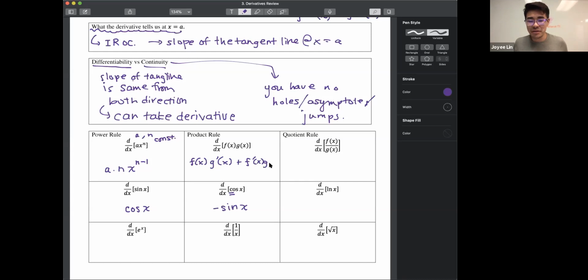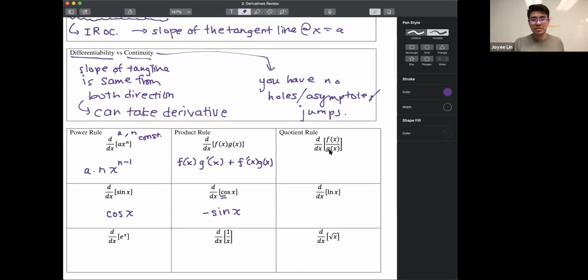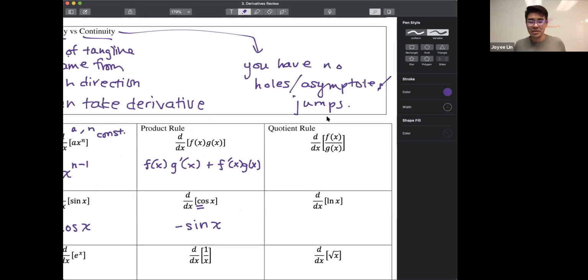I'm sure other people have other ways. I guess I can share my song. My song for quotient rule is low d high minus high d low over the square of what's below. There's no notes to the song. I guess it's more of a rap.